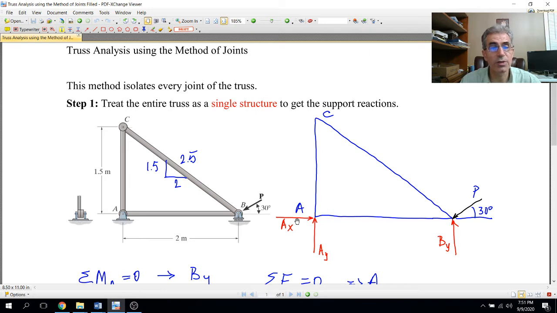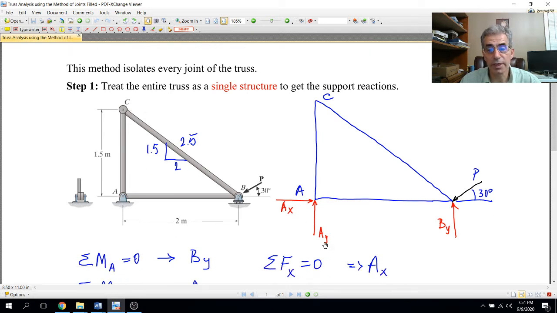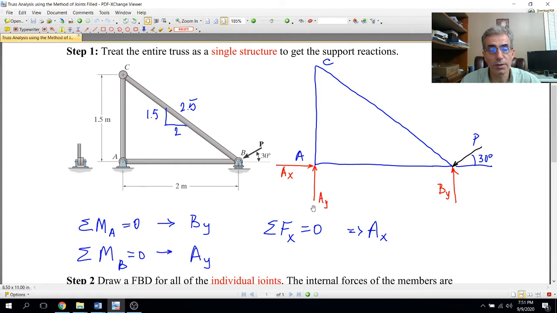The first one is to find the support reactions, and as a first step we treat the whole structure as a single structure. In that situation we can use sum of forces and sum of moments around different points, Newton's second law, to get the support reactions.